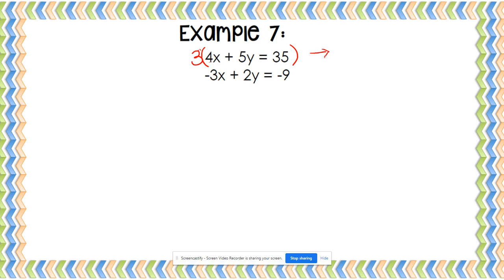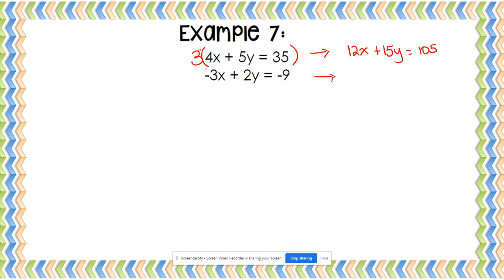That's going to give me, so 3 times 4x will give me 12x. 3 times positive 5y will give me positive 15y. And 3 times 35 will give me 105. Now, I need my other equation to have a 0 pair with 12x.